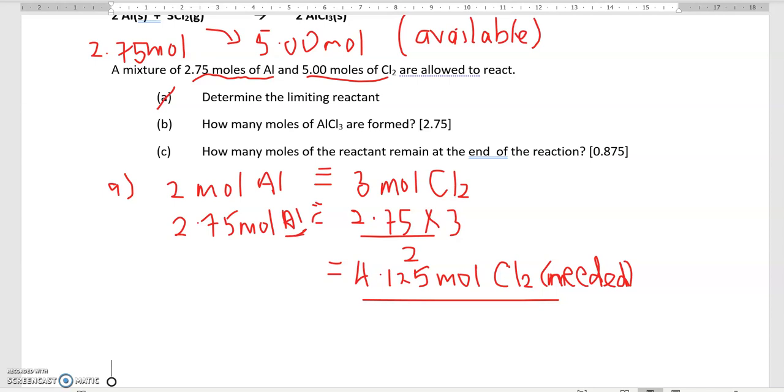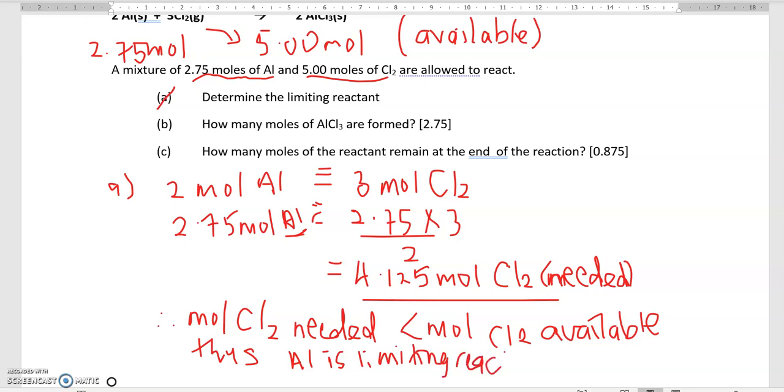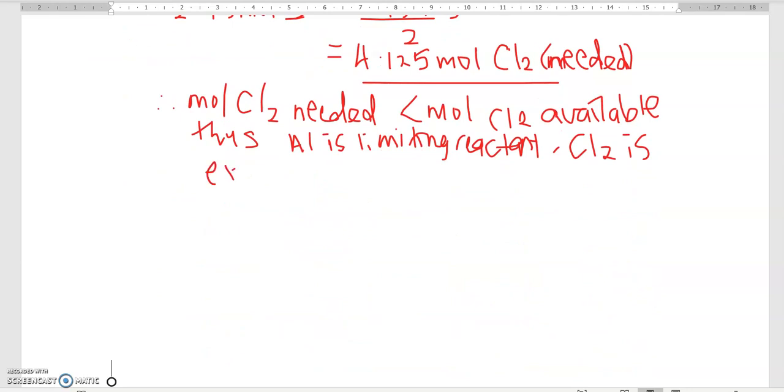So you can make a conclusion: mole chlorine needed is smaller than mole chlorine available, thus aluminium is limiting reactant, and the next here, chlorine is excess reactant.